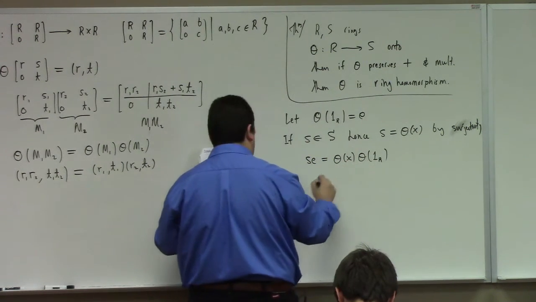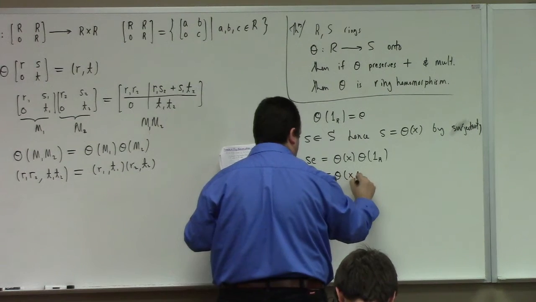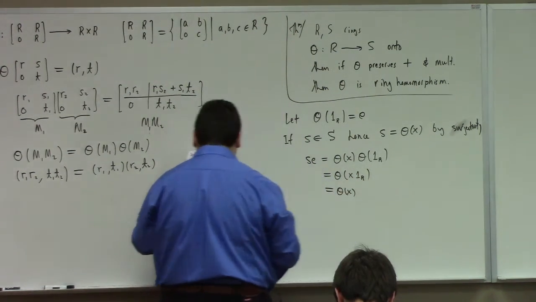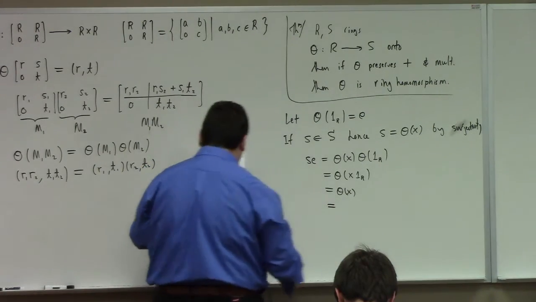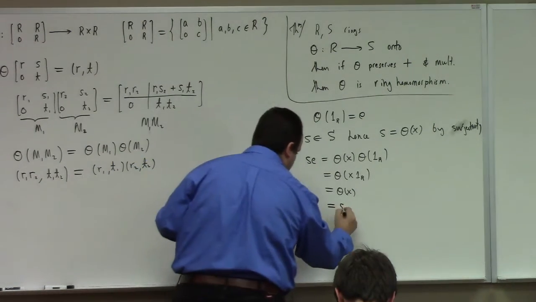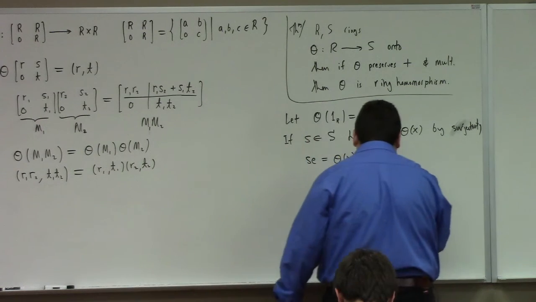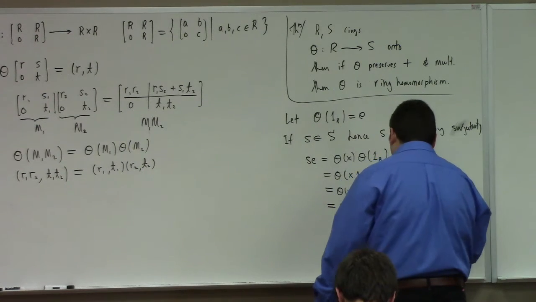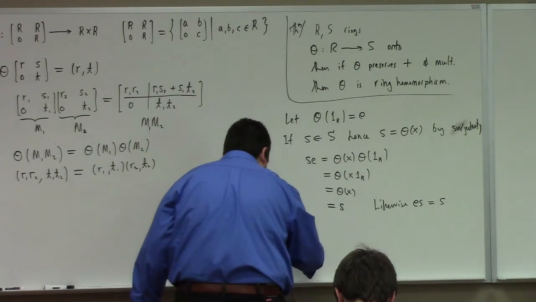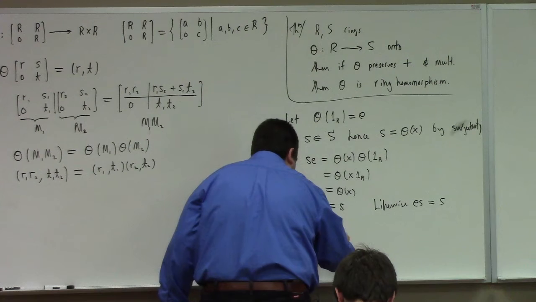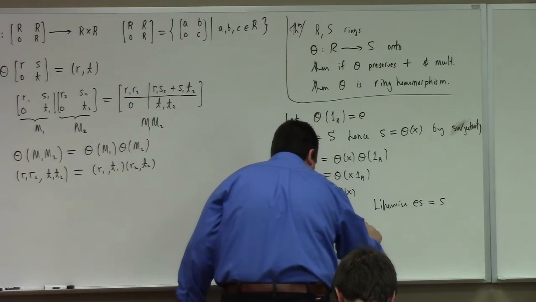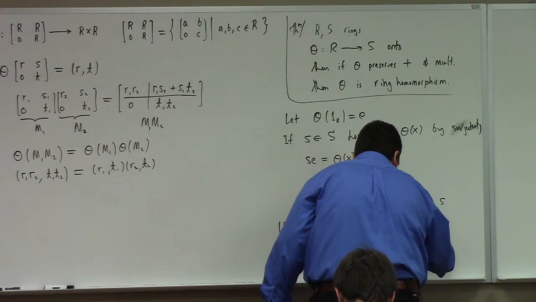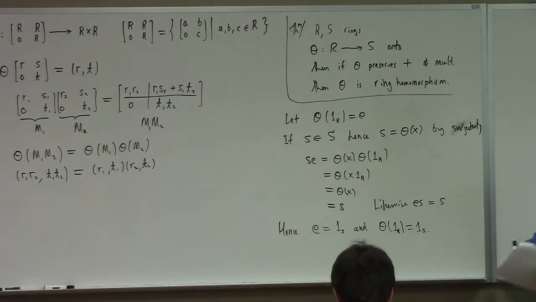But it preserves multiplication, so that's theta of x times 1R, which is theta of x, which is s, right? And likewise, Es is equal to s. Hence, E is in fact the 1 for S, and theta of 1R is equal to 1S, and that completes the deal. That means theta is a ring homomorphism.